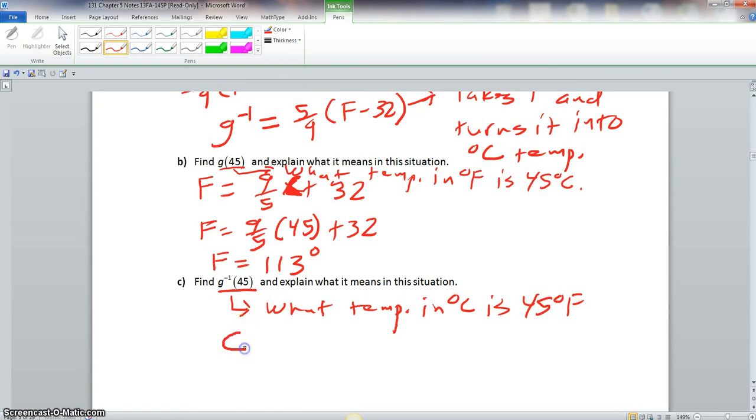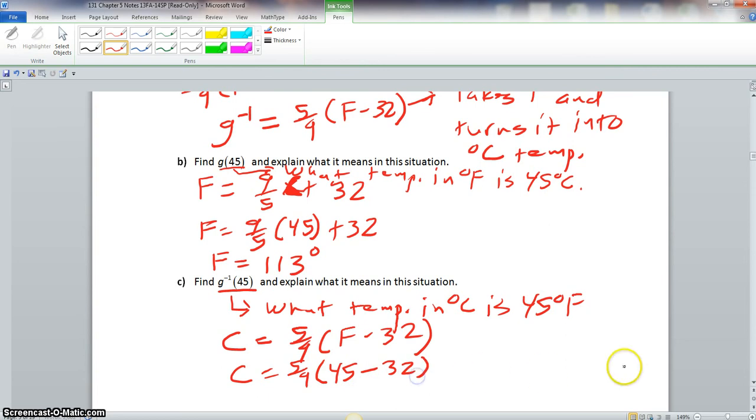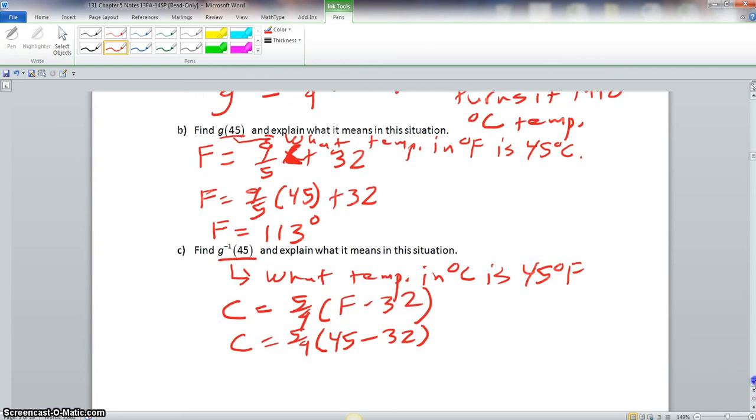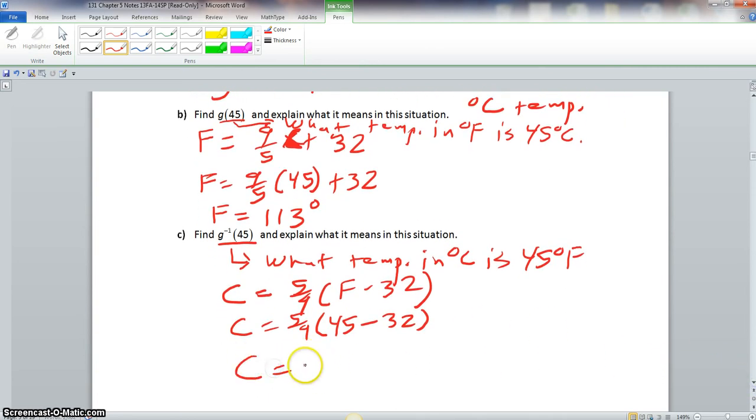So remember, we need to write down the inverse formula, which is C is equal to 5/9 times the Fahrenheit minus 32. So we will have C is equal to 5/9 times the Fahrenheit, which is 45 degrees, minus 32. Now, once you put this in your calculator, your Celsius would be approximately 7.2 if we rounded it, or exactly 7.2 with the repeating 2 degrees Celsius.